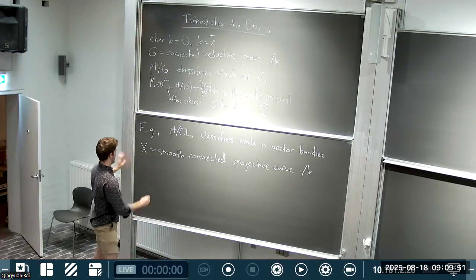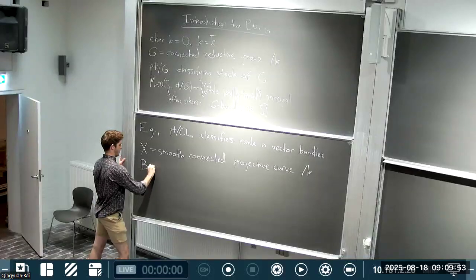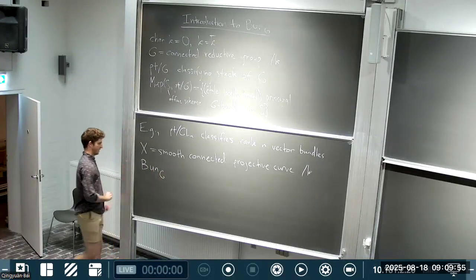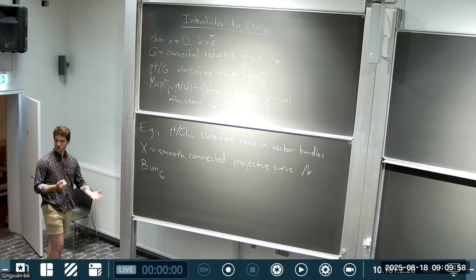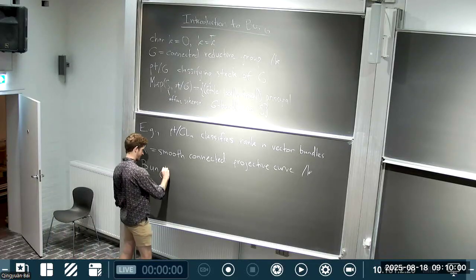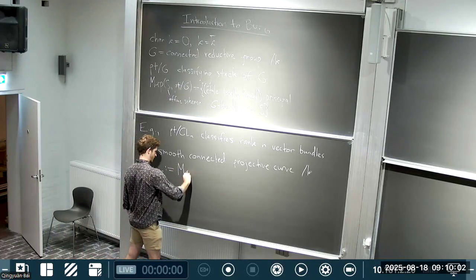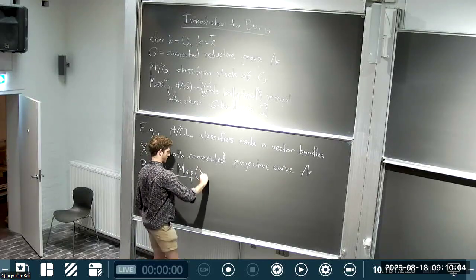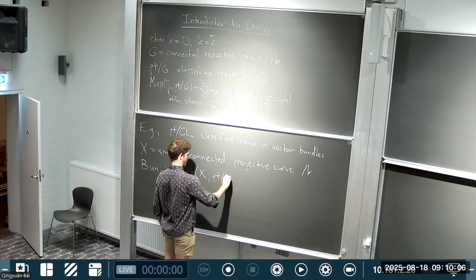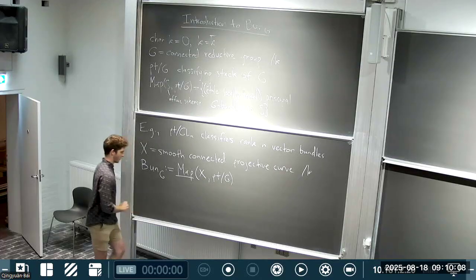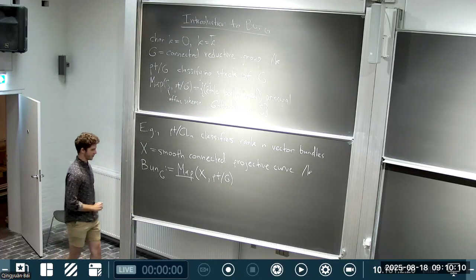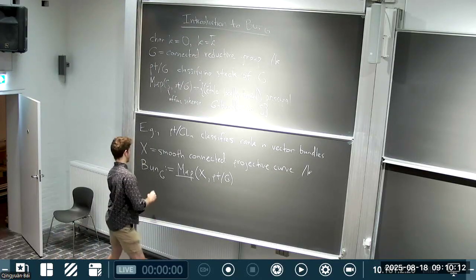And then finally, we come to Bun_G. So the most concise way to say the definition of Bun_G, as a stack, is that it's the space of maps from X into the classifying stack of G. It's just an efficient way to write it explicitly.